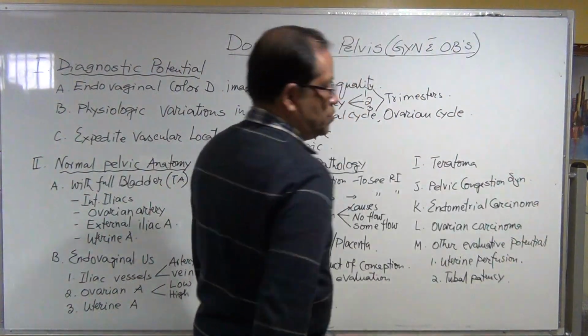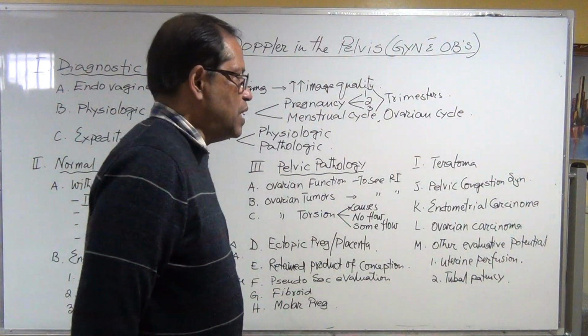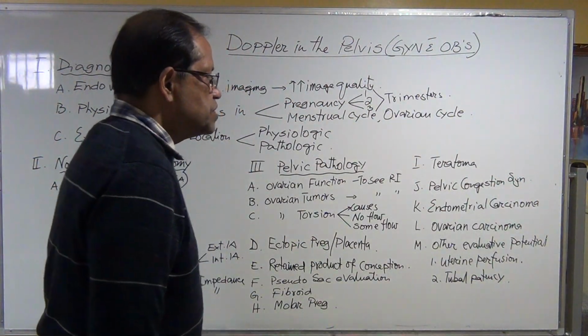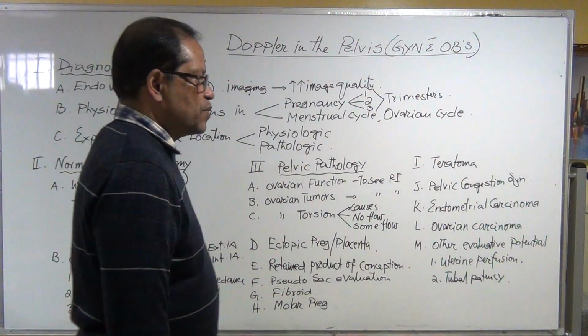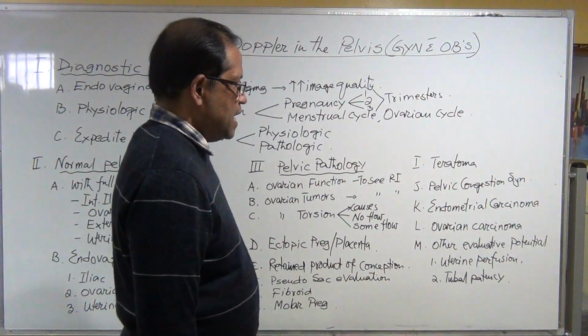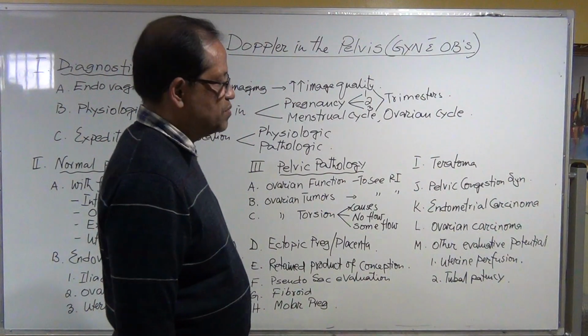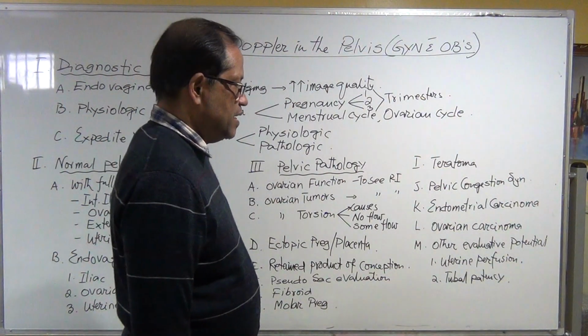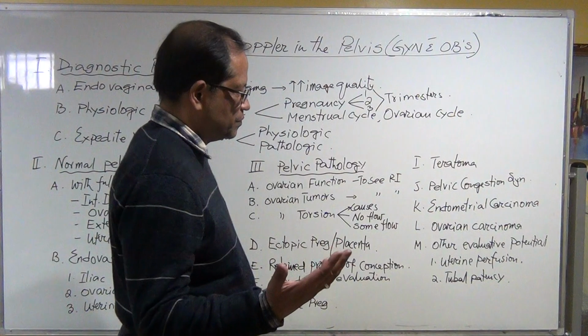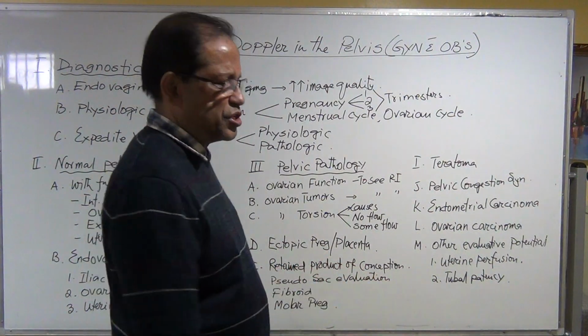Pelvic congestion syndrome, I gave the lecture on it and you learned it. There are a lot of causes and definite signs and symptoms, and it is a very annoying situation.